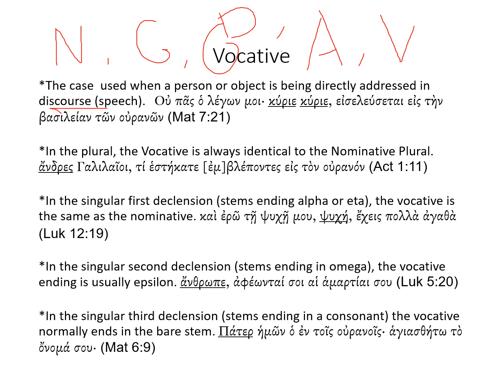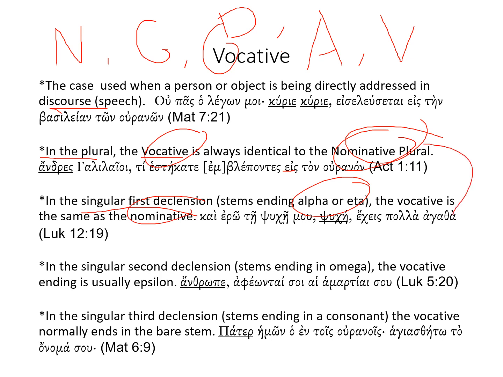And how we identify these in the plural, the vocatives are always identical to the nominative plural. So whatever your nominative plural is, that is the exact same form as the vocative, and context will help you to know that that entity in the nominative or vocative is being addressed. In the singular first declension, alpha and eta, most often feminine, same as the nominative.